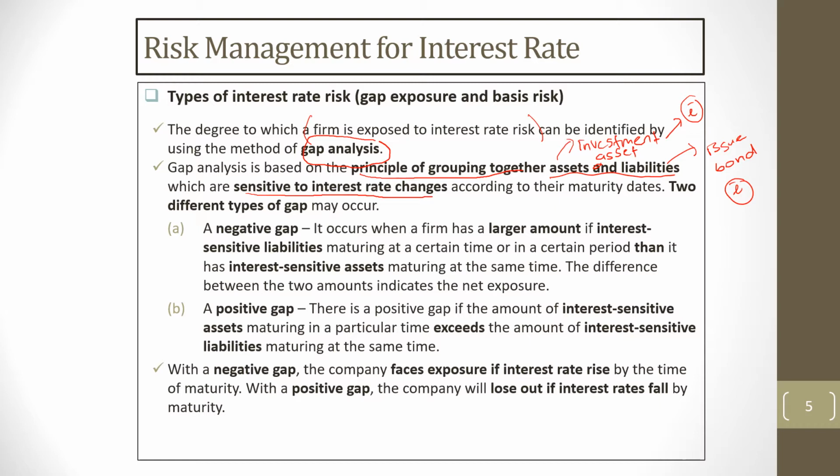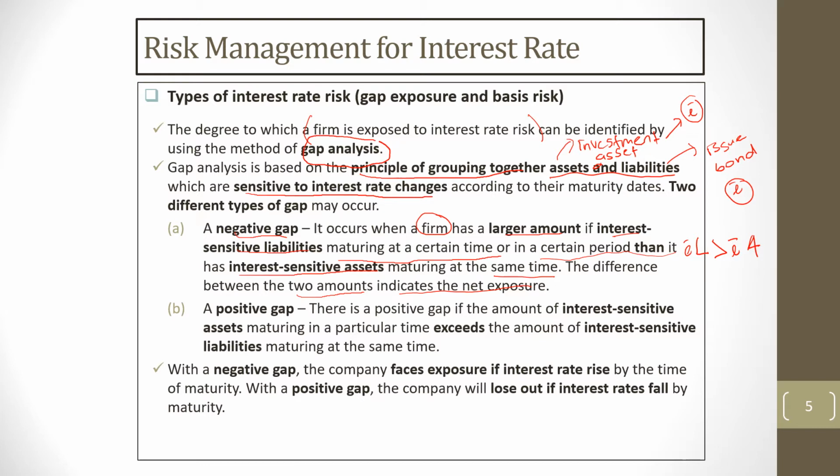Okay, so a negative gap occurs when a firm has a larger amount of interest sensitive liabilities maturing in a certain period than interest sensitive assets maturing at the same time. The difference between the two amounts indicates the net exposure. So what it means is that the firm's interest on liabilities is more than its interest on assets.